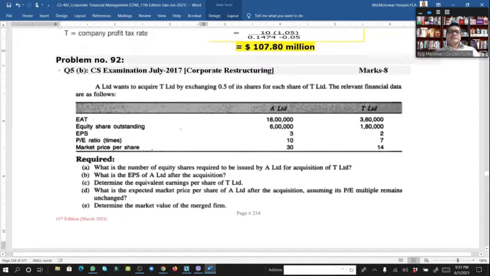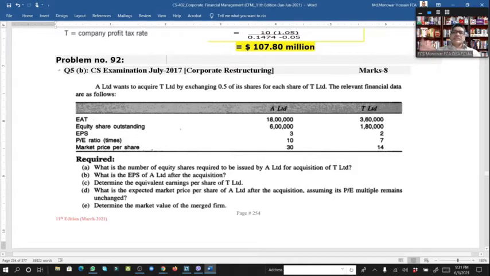Look, this one is your exam in CS exam in July 17. It is the chapter of corporate restructuring. It was 8 marks. Look here. A limited wants to acquire T limited by exchanging 0.5 of its share for each share of T limited. The relevant financial data: earning after tax, A limited 18 lakh, T limited 3 lakh 60,000.